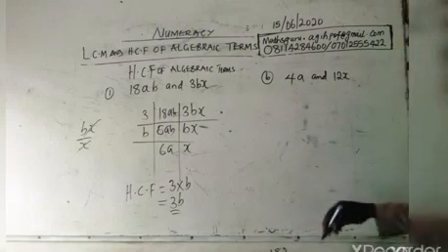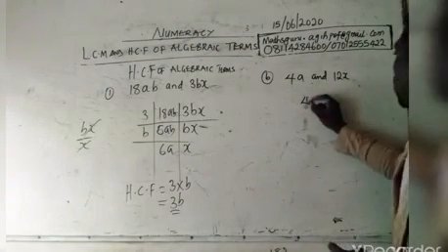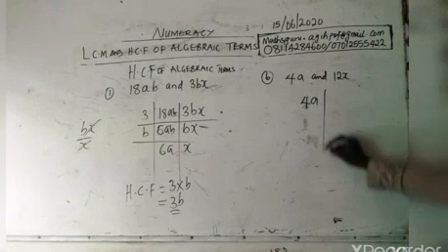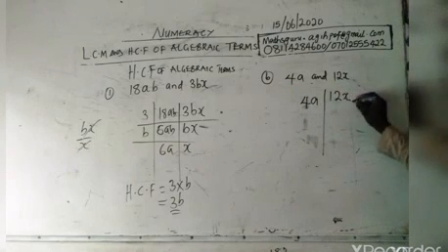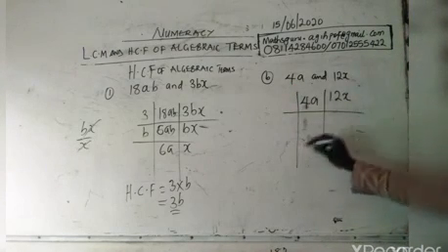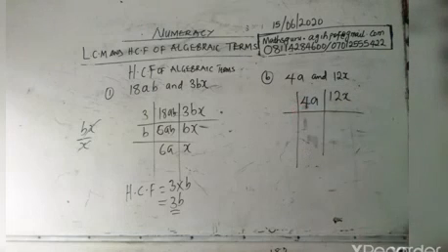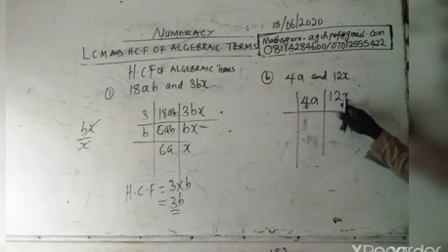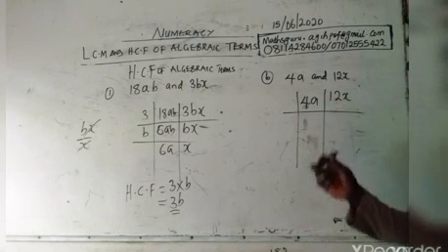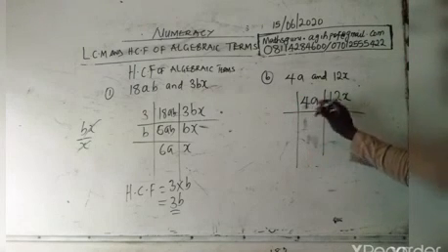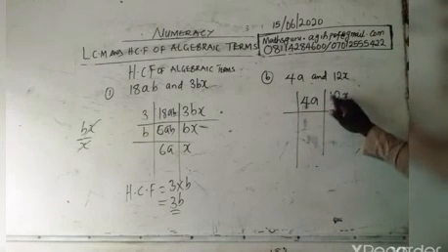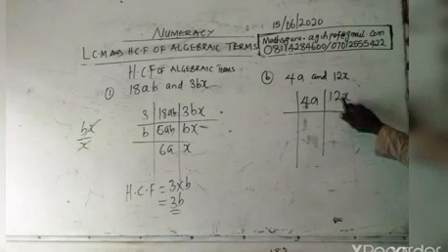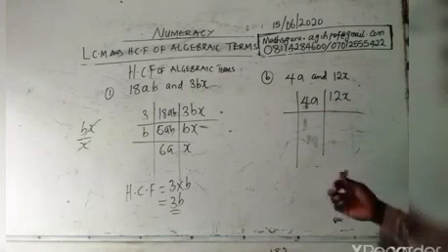Now, the second question, we have 4A and 12X. Think of a term that can go into this and can also go into this. We have 2. 2 can go into 4A to give us 2A, and 2 can go into 12X to give us 6X.